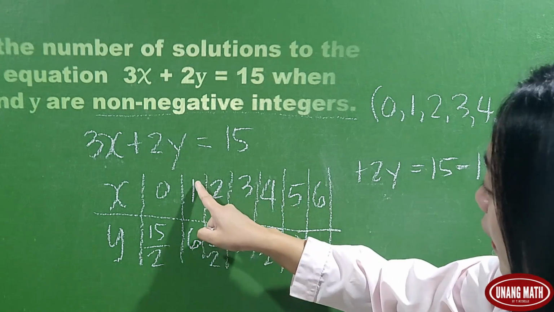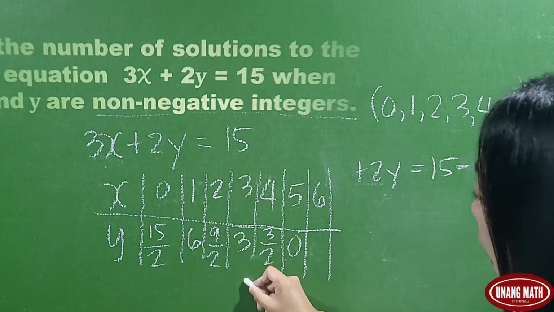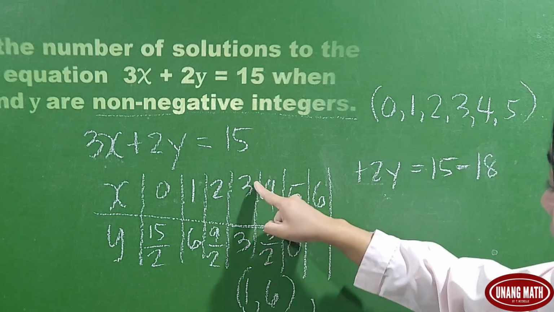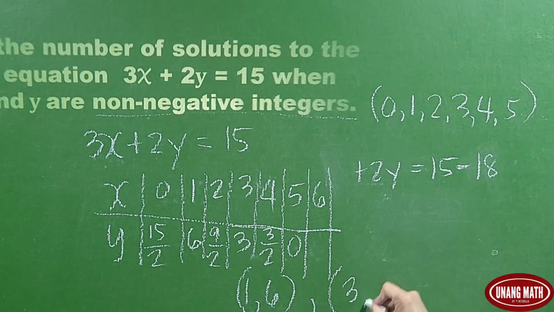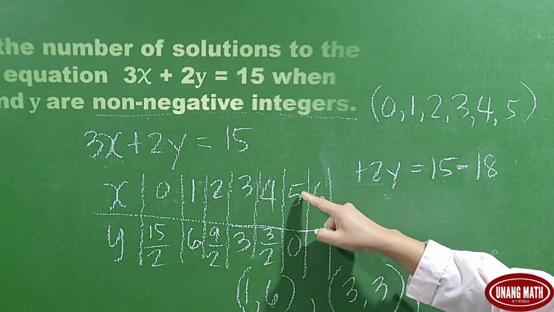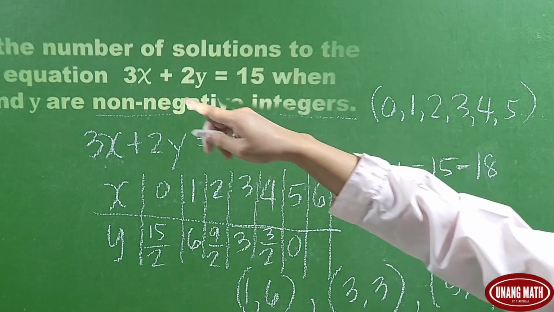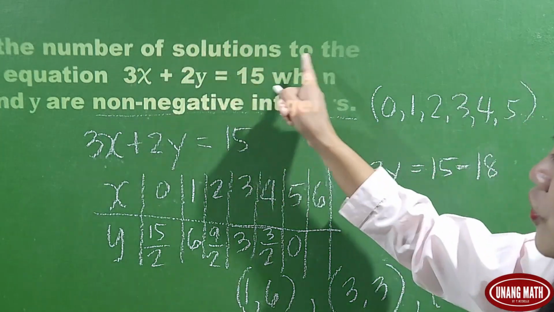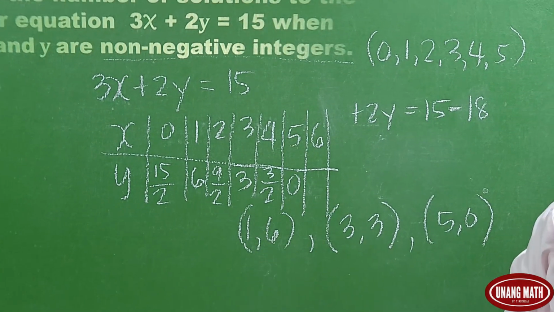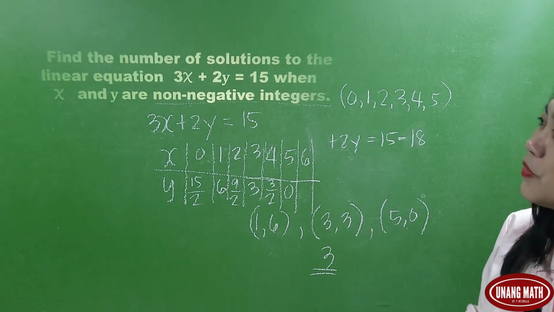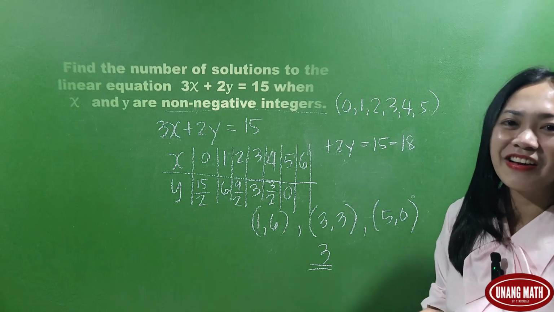So we have the solution 1, 6, the solution 3, 3, and the ordered pair 5, 0. The question is, find the number of solutions to this linear equation. So we have 3 solutions to this linear equation.